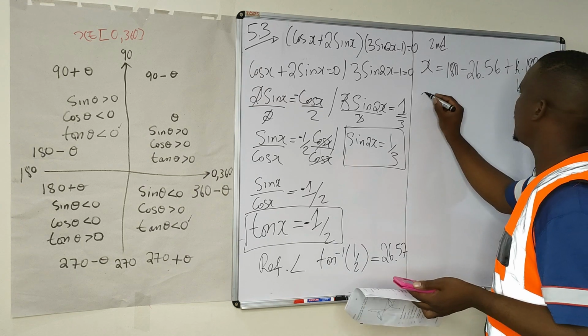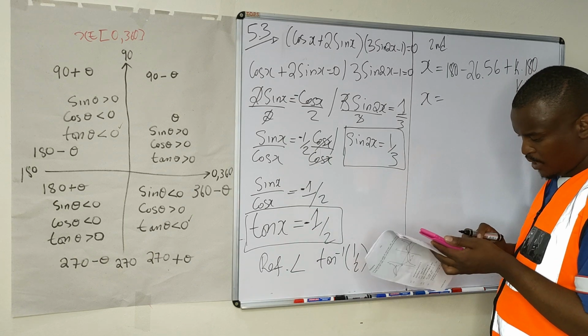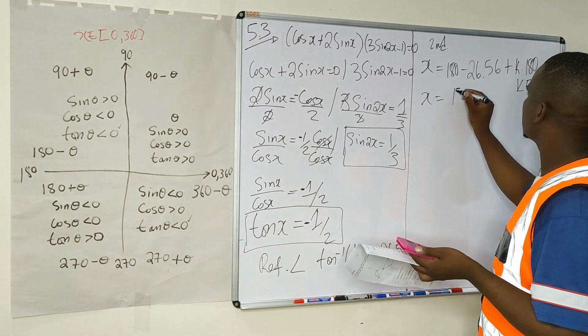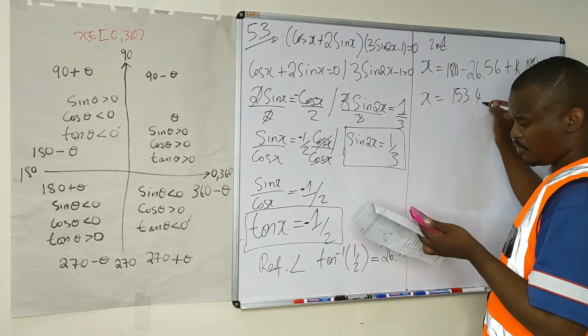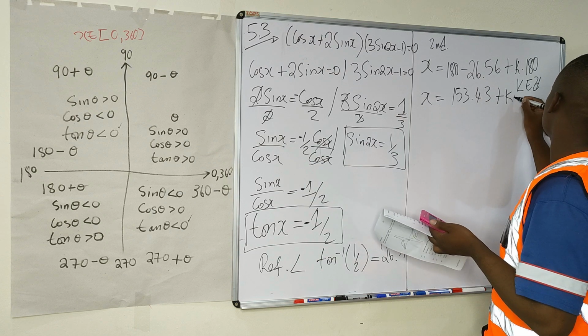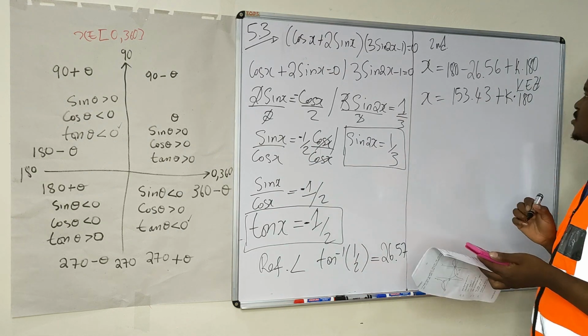And then x is equal to 180 minus that answer, 153.43, plus k 180. You know your k is an integer, right?